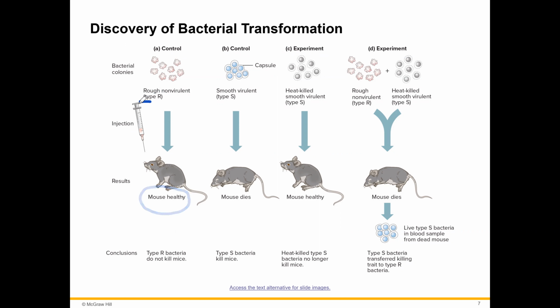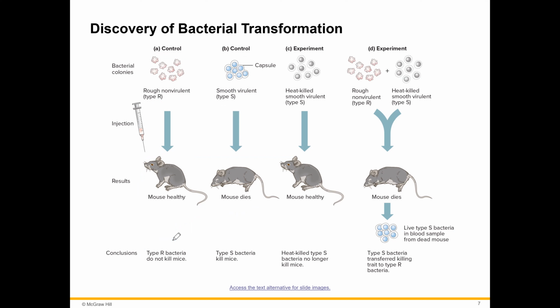Type R bacteria is non-virulent, so it does not cause pneumonia and does not kill the mouse. So we know R is avirulent. Then another control was type S bacteria injected into a mouse, and the mouse dies. So type S bacteria kills mice, type R does not kill mice. That's our conclusion, that's our control.